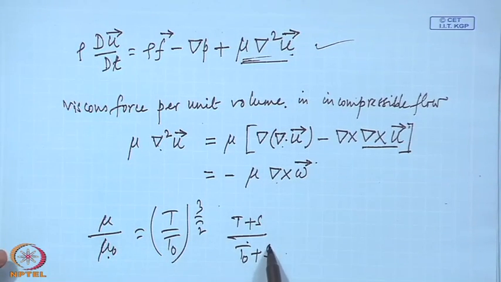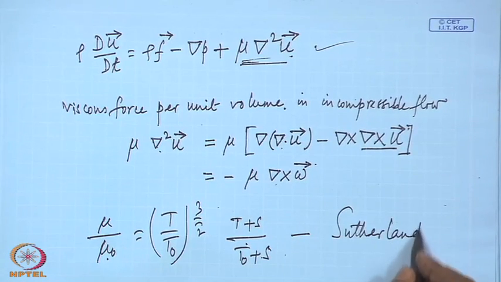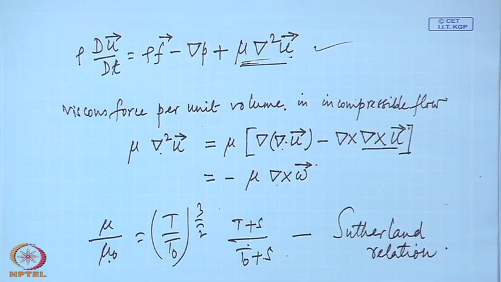This S is a constant, usually taken as 110 point some K. This temperature is in Kelvin. So, this is called the Sutherland relation. This type of relation is not called an equation. By equation, we will mean only partial differential equations.